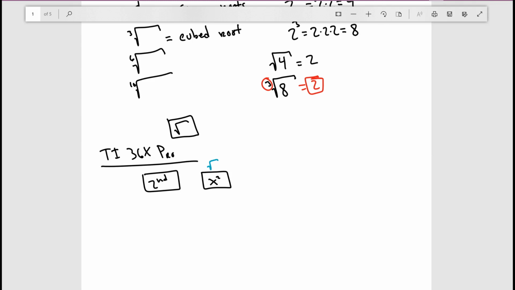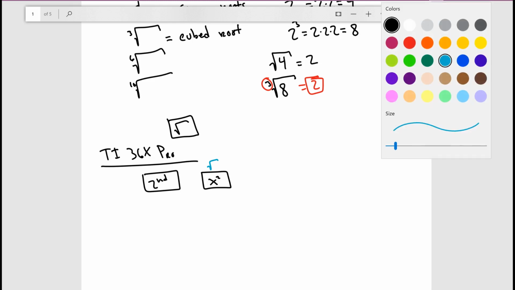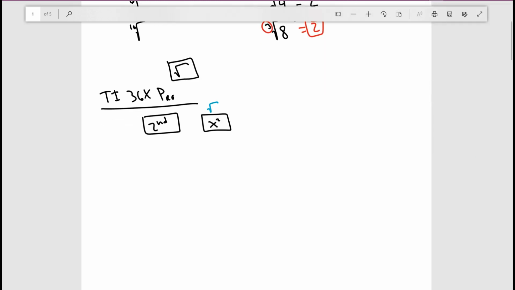And in order to do cubed root, for example, you're gonna press the second button also, and then you're gonna see this button that says X with the little box on the top.